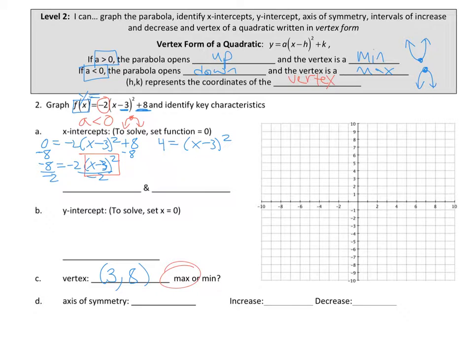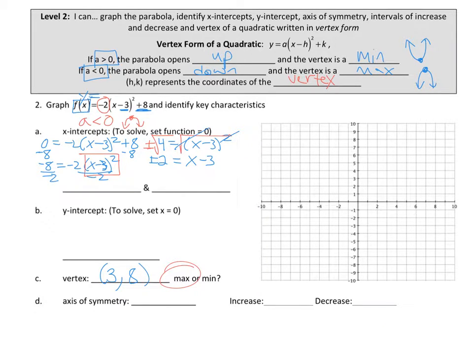And now that we have that part by itself, to get rid of the square, we square root both sides. But when we square root both sides, we have to put a plus or minus out in front of the side with the number. So now when we square root that, we get plus or minus 2, the square root of 4 is 2, is equal to, the square root cancels the square, so we just get x minus 3.